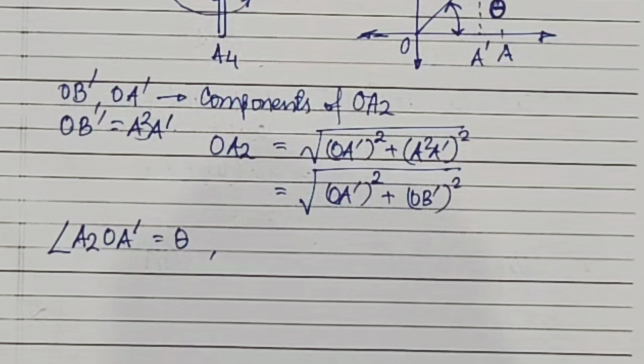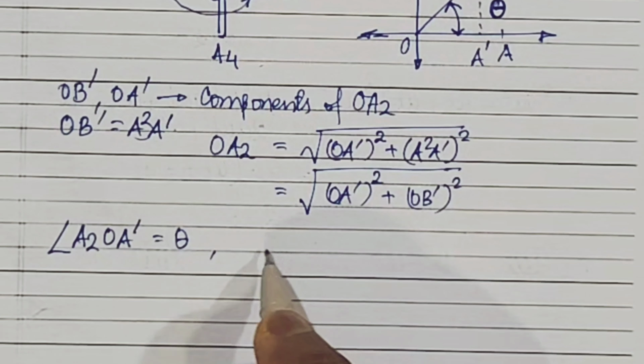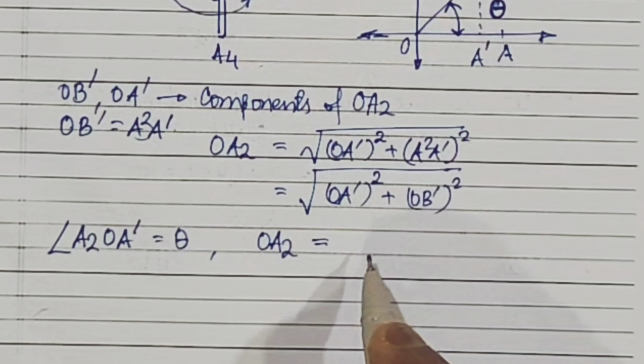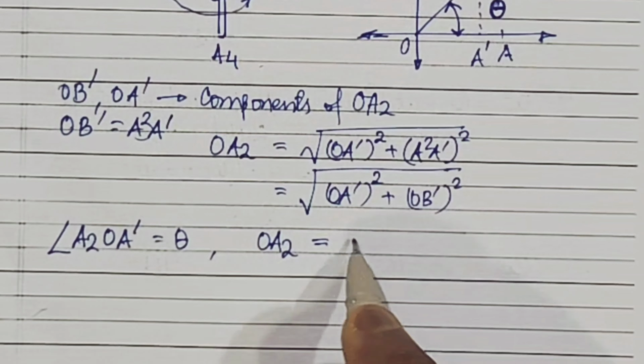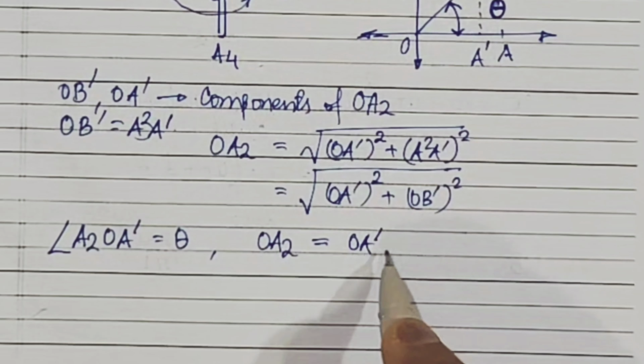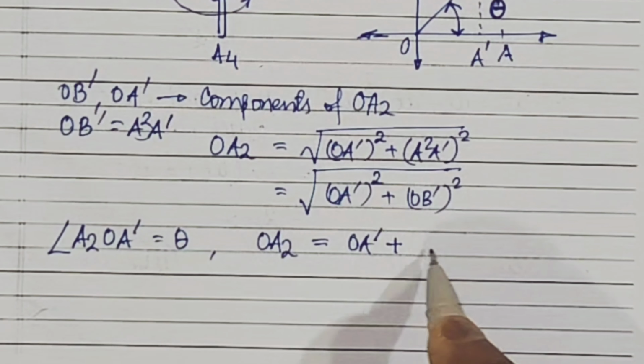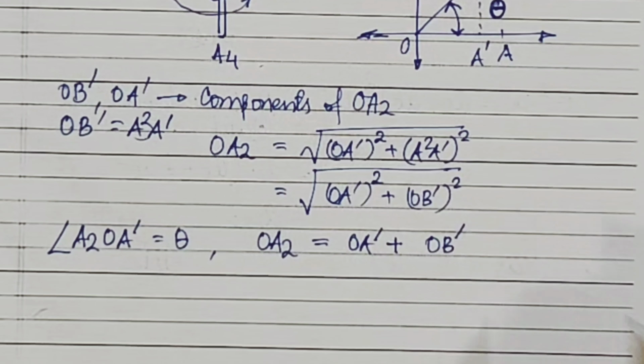In that case, the way we write OA2 is equal to its component on the x-axis, which is OA prime, plus its component on the y-axis, the perpendicular axis, which is OB prime.